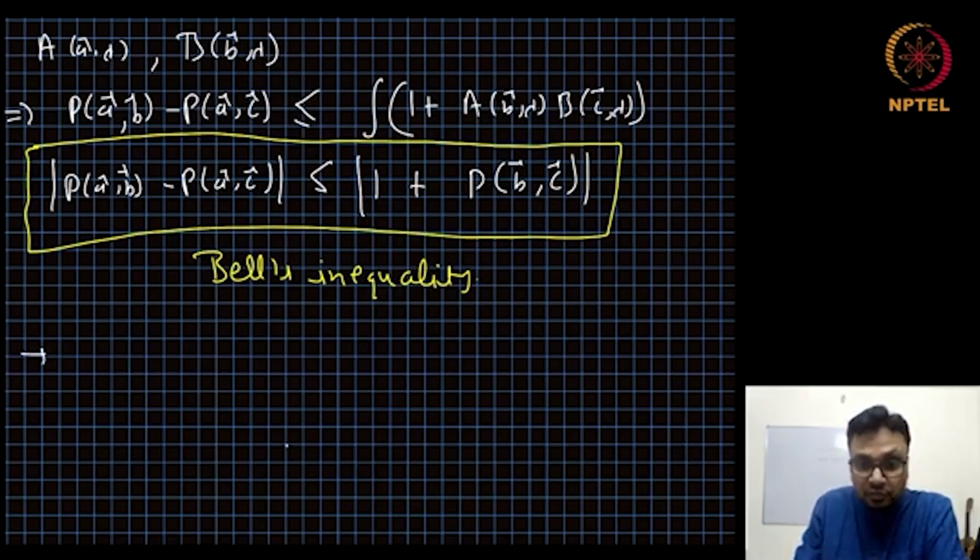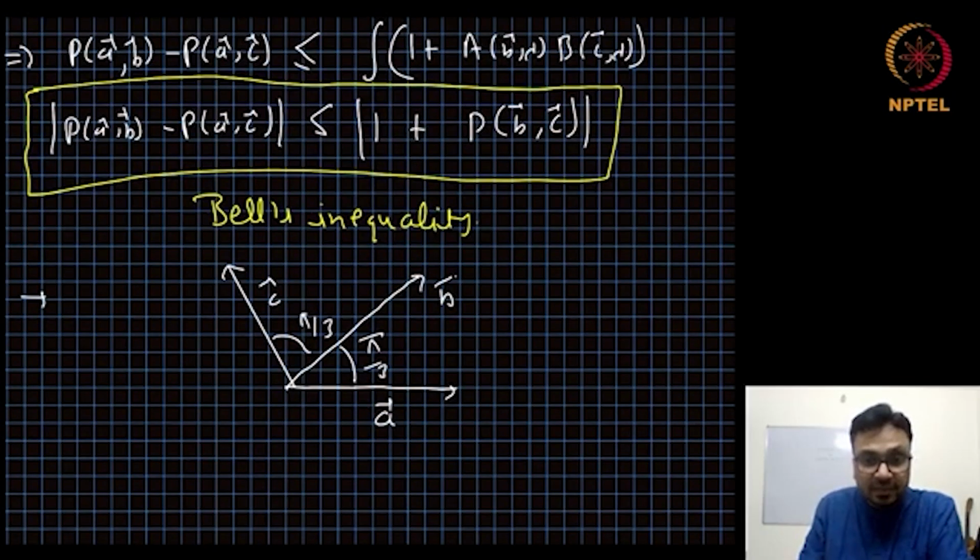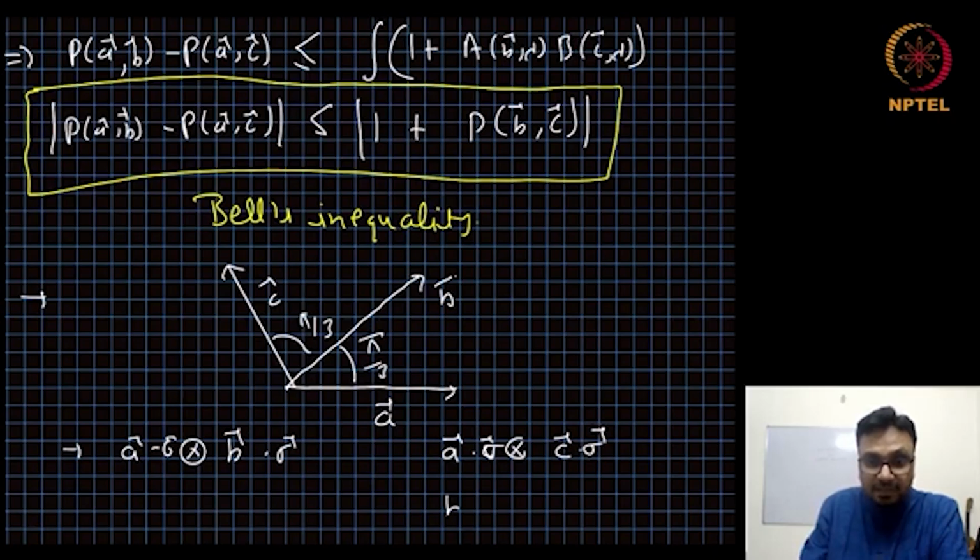For that, let us choose the vector A to be along the x-axis, B at a 60-degree angle, that is pi over 3, this is the B vector, and C at pi over 3 with B. So we have taken these vectors, so our measurements are A vector dot sigma tensor B vector dot sigma, A vector dot sigma tensor C vector dot sigma, and B vector dot sigma tensor C vector dot sigma.